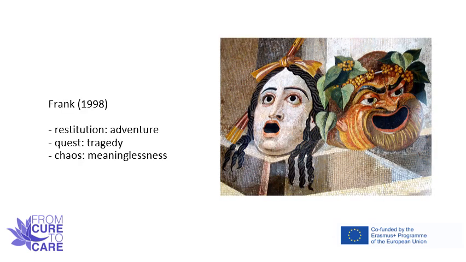For his part, Frank uses a literary framework to analyze narrative in the context of illness. Illness narratives, he suggests, fall into three basic categories: restitution, quest, and chaos, which correspond to the literary genres of adventure, coping with tragedy, and meaninglessness.